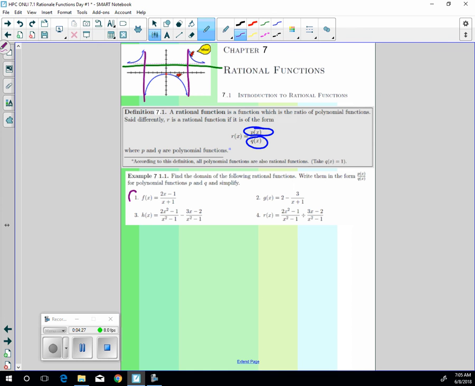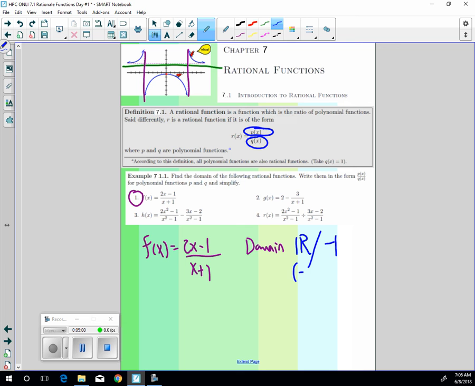If you take number 1 here, it has 2x minus 1 over x plus 1. So f of x is equal to (2x minus 1) over (x plus 1). Let's look at the domain of this. The domain is going to be all real numbers, but we can't have one value, and that value is -1, because then it'll be undefined.